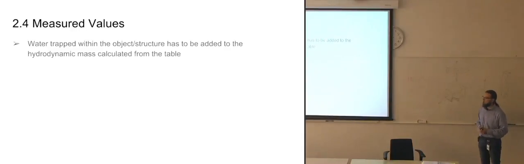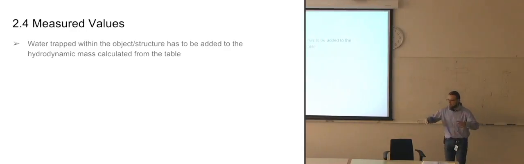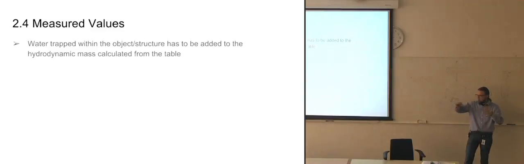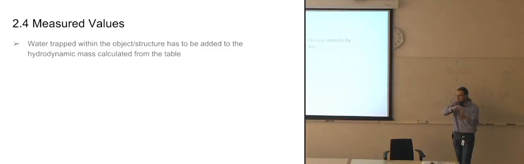The problem is, of course, for that first part, when you're lowering it down and it's starting to fill up with water, the center of gravity of your structure can be shifted, because maybe one side of the structure is filling up quicker than the other side, so the other side has more air trapped inside it.